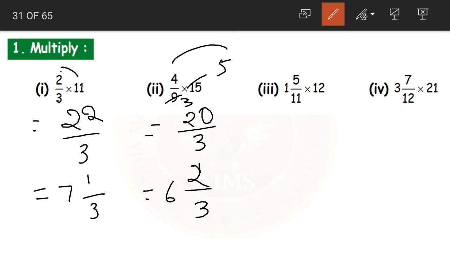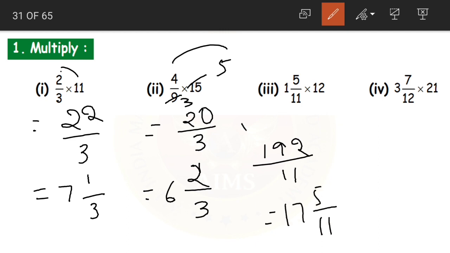Now coming to question number 3 and question number 4. See, for question number 3, 1 5 by 11 into 12, 192 by 11 becomes our answer, and converted into a mixed number becomes 17 5 by 11. Okay students, you try solving this and you should get these answers.